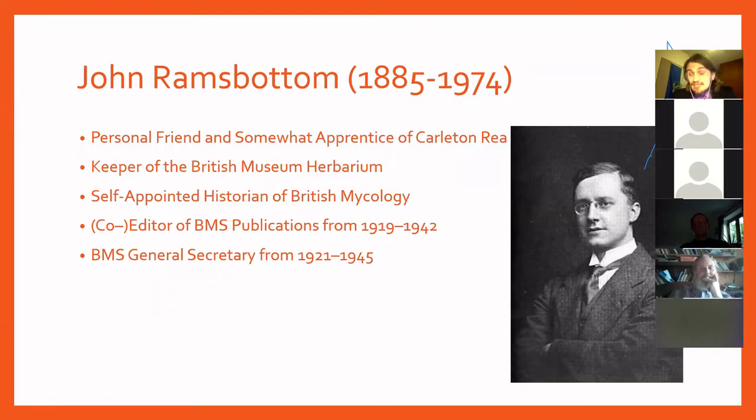He has a fantastic interest in Linnaeus. He becomes the co-editor of the BMS publications from 1919 to 1942, and is general secretary from 1921 to 1945, slowly succeeding the roles that Carlton Rea held.